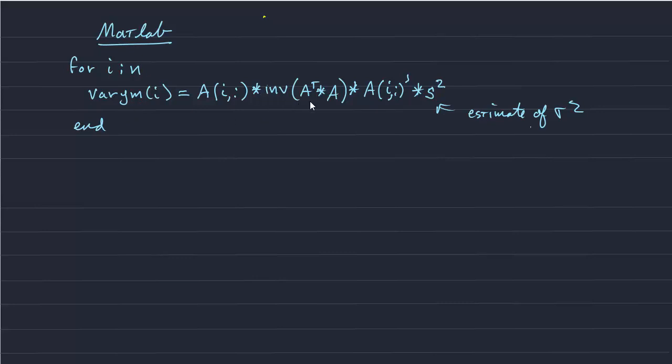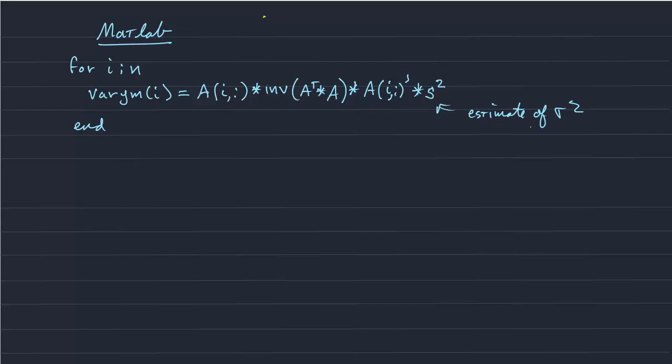And then we take the inverse of A transpose A, multiply that by the row of A, but we have to take the transpose of that to carry out the multiplication. And we have our estimate for the variance of y about the linear trend or the regression trend. So that's how you would do that in MATLAB.